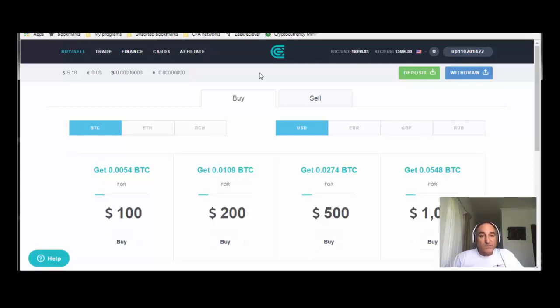Some of them even ask for ID verification, so they get a copy of your ID. Some of them ask for your phone number, especially when there's downlines involved, where you sign up people underneath you. Your phone number is there so your downline can contact you.